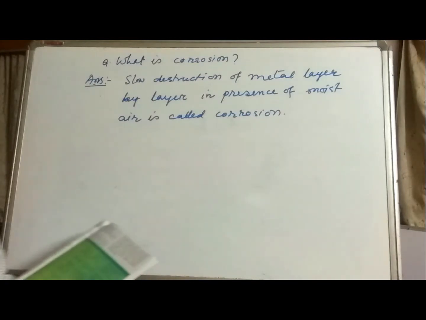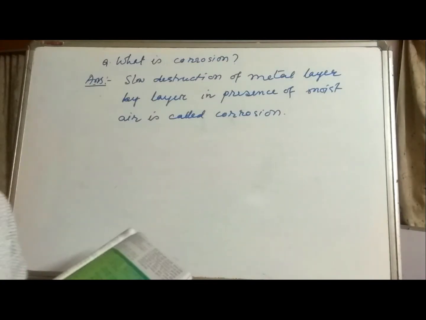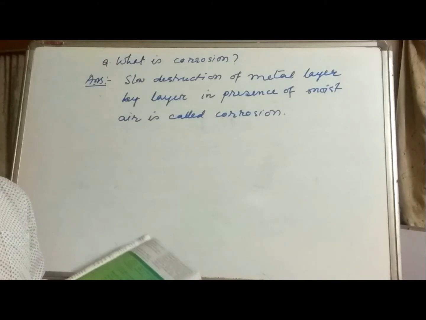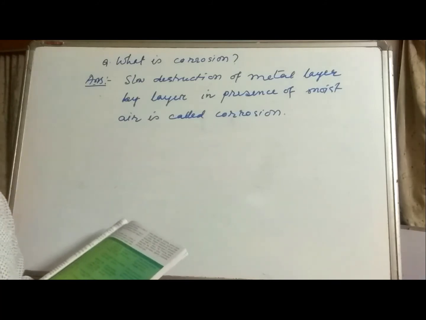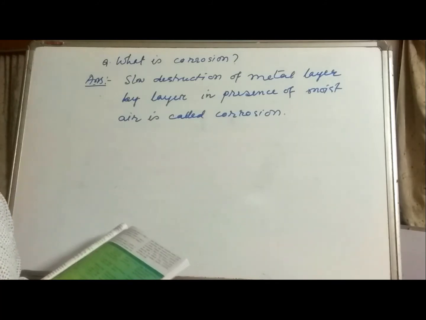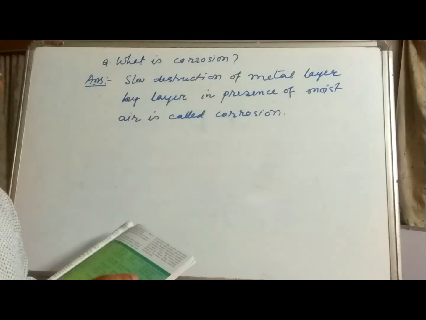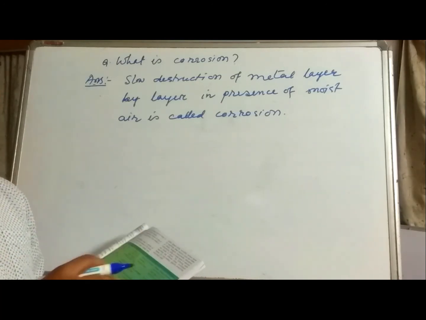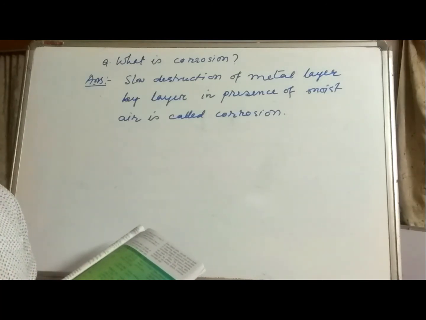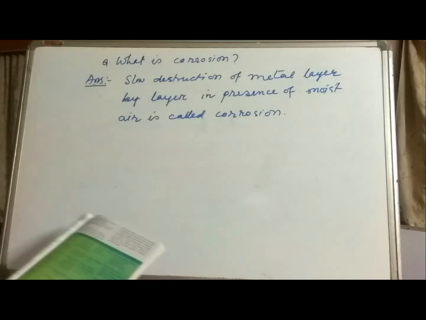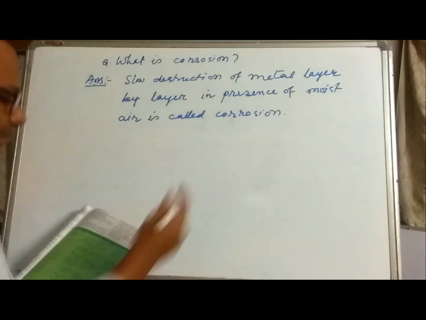In the presence of moist air means the air which contains water or water vapor. If the metal is exposed to moist air, after a few days the metal reacts with the oxygen and water and a layer of oxide is formed on the surface of the metal. So this is called corrosion.